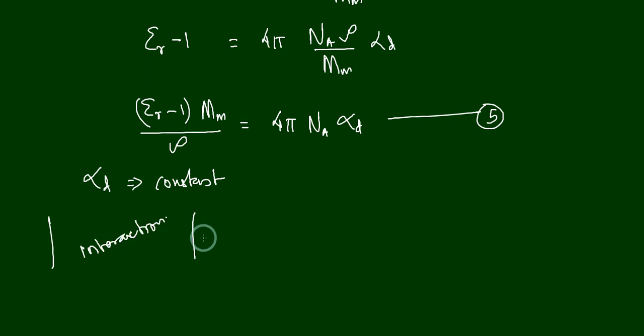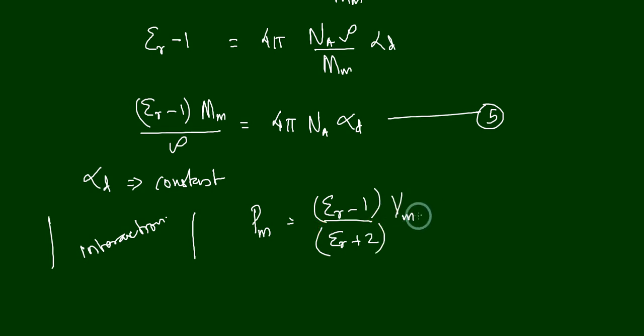they derived another equation, and this equation is Pm is equal to (epsilon r minus 1) divided by (epsilon r plus 2) into Vm is equal to 4 pi divided by 3 Na into alpha d.